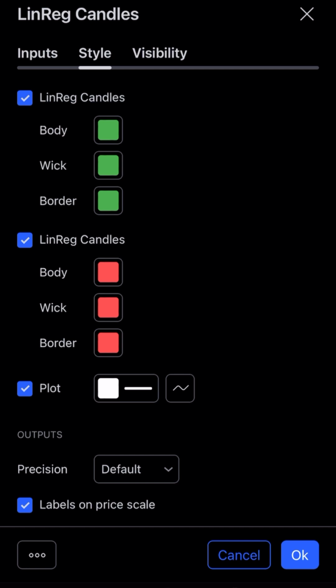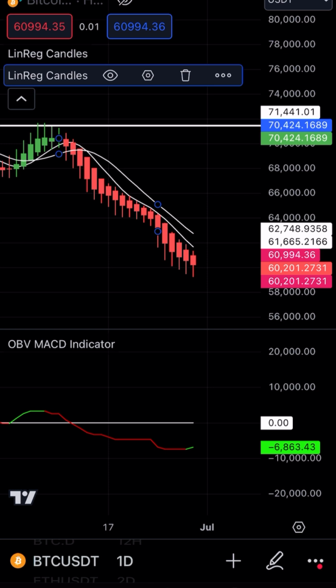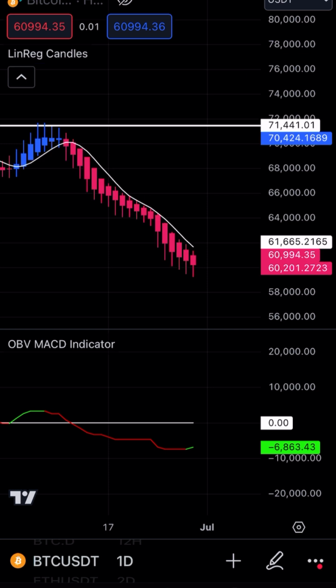You can change the colors if you want, but make sure your plot line is something that sticks out. That's really how you set it up with the linear regression. What you need to do is actually hide the candles, and that's a big thing here.